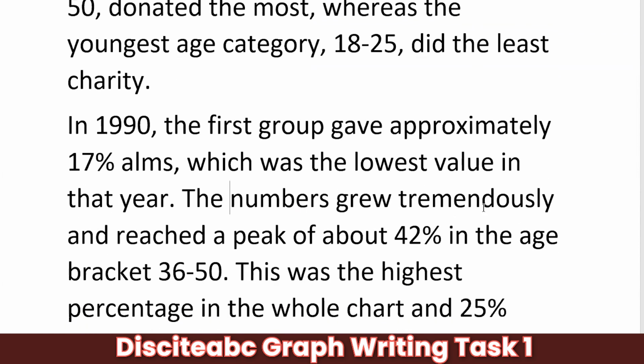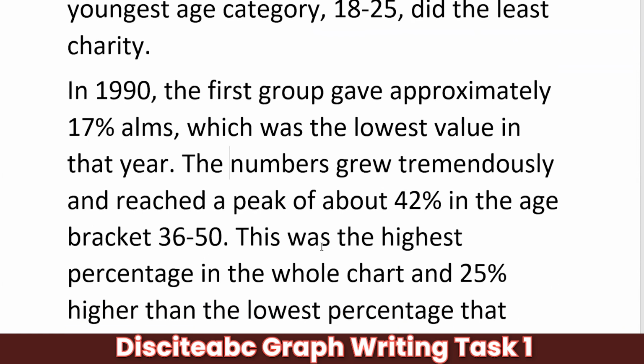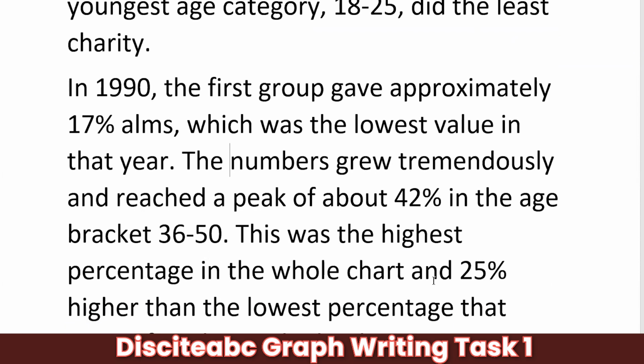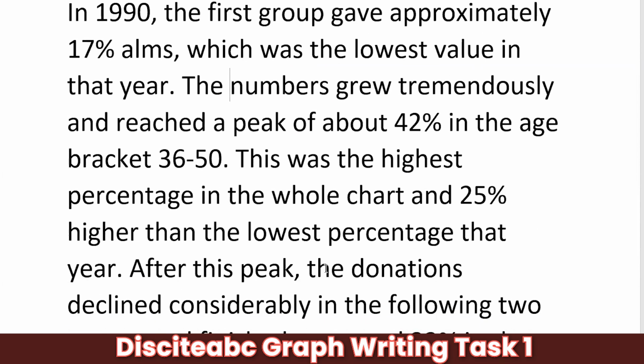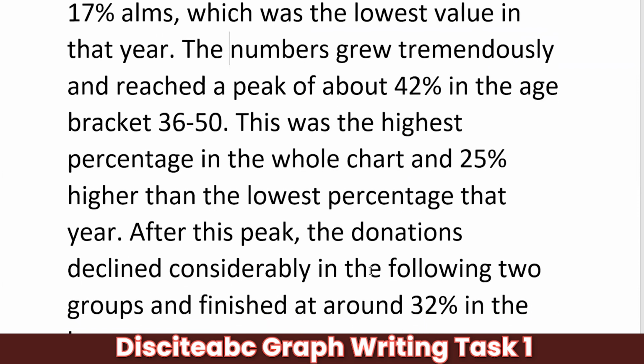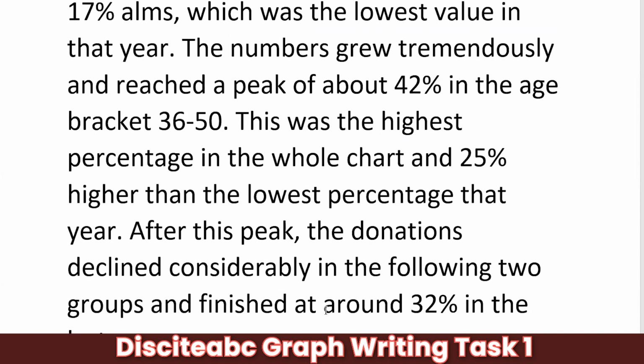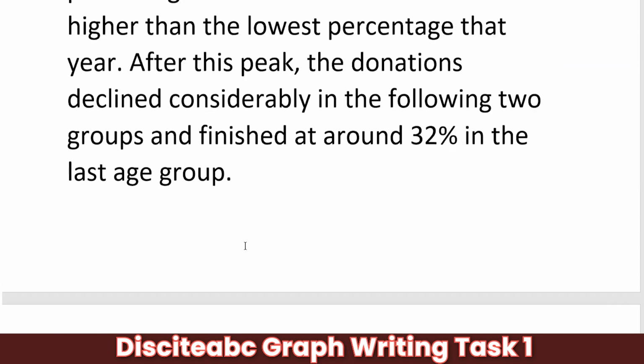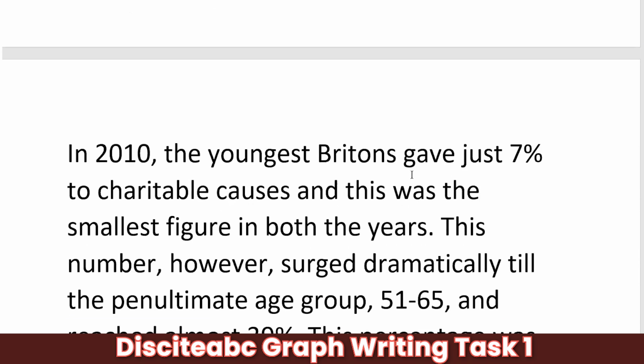The numbers grew tremendously and reached a peak of about 42% in the age bracket 36 to 50. Same information, no difference. This was the highest percentage in the whole chart and 25% higher than the lowest percentage that year. After this peak, the donations declined considerably in the following two groups and finished at around 32% in the last age group. In 2010, the youngest Britons gave just 7% to charitable causes, and this was the smallest figure in both the years.